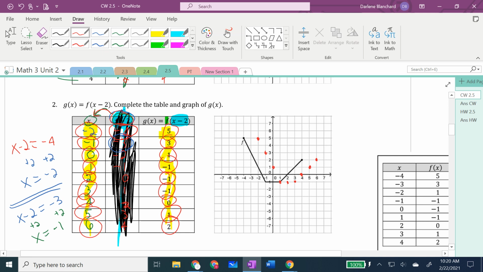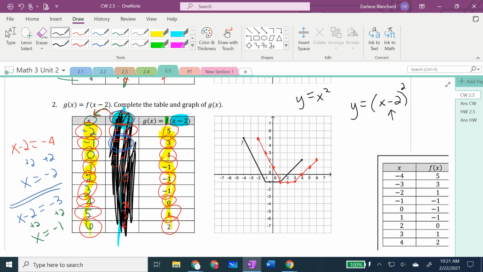And take a good look at it, and you should see that you have the same graph, but it has been shifted right 2. Now take a moment to also remember that if you took y equals x squared and you were told to then graph y equals x minus 2 squared, you see the minus 2, but you actually go right 2.